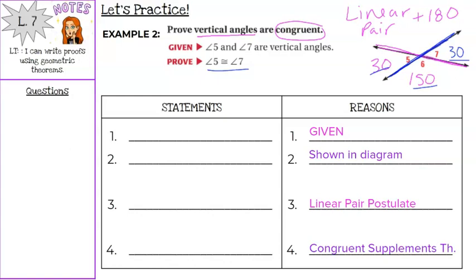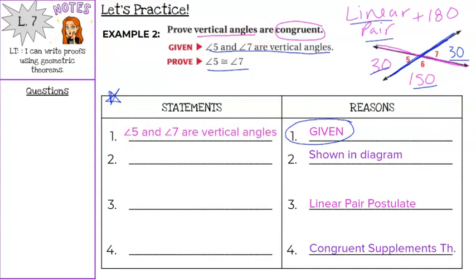So now that we've made sense of the diagram, made sense of why it is true, we want to just walk it through in our proof in a logical fashion. So I've given you all the reasons. We're going to come up with the statements. So the first reason is given, so our statement just needs to be what was given to us, that angle 5 and angle 7 are vertical angles.